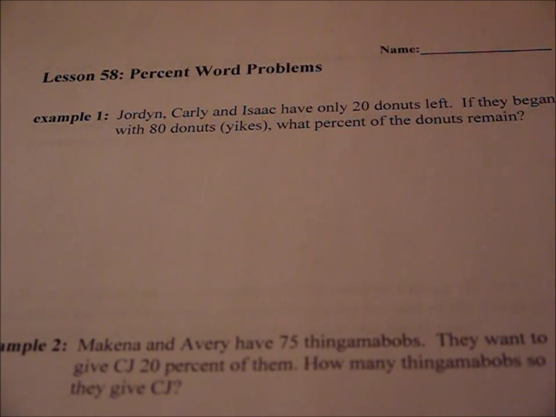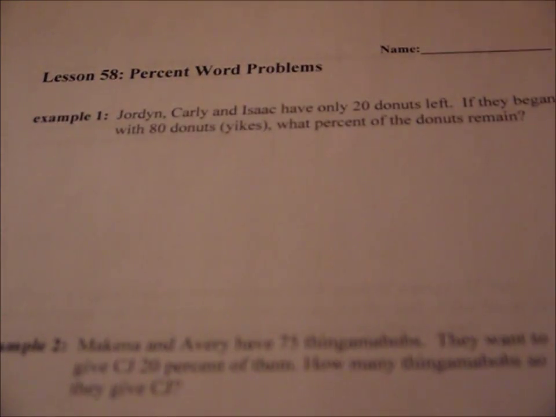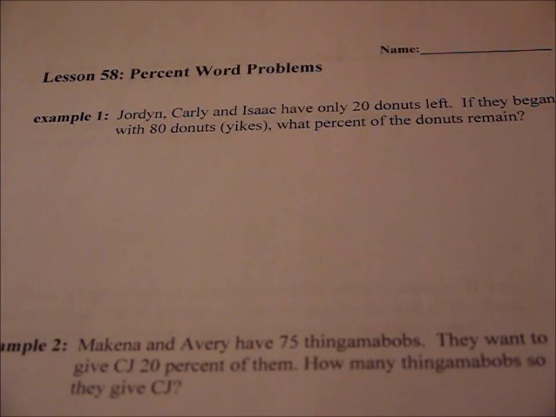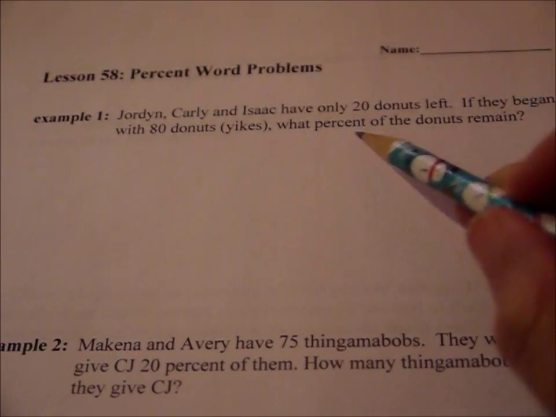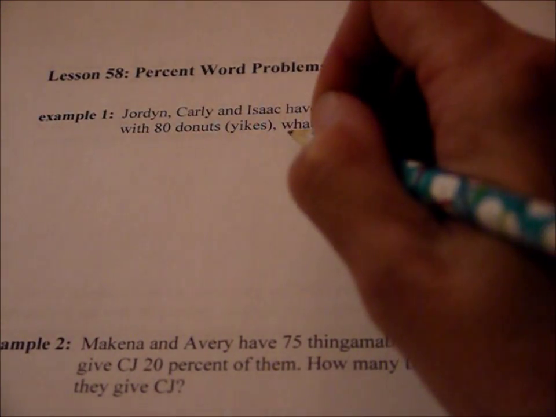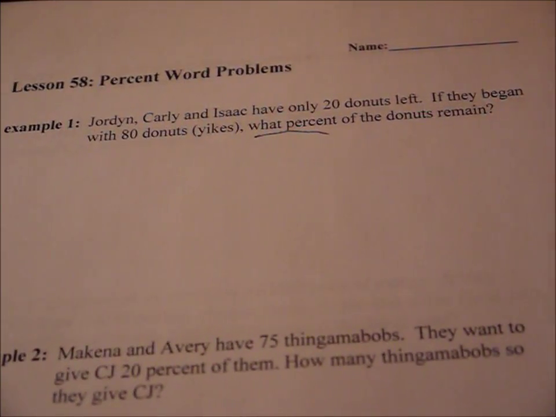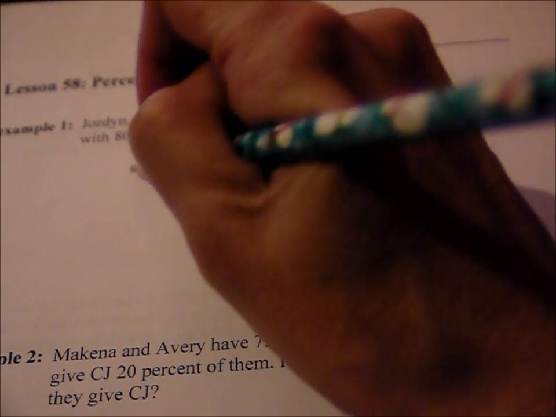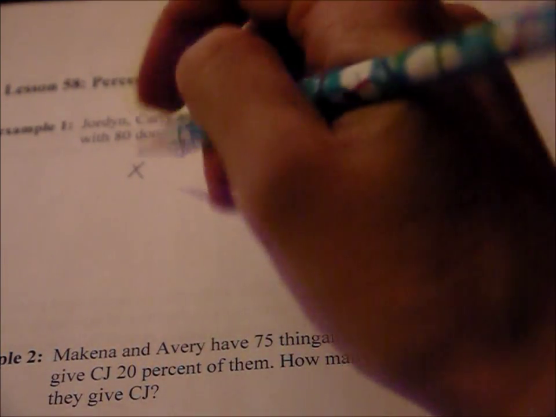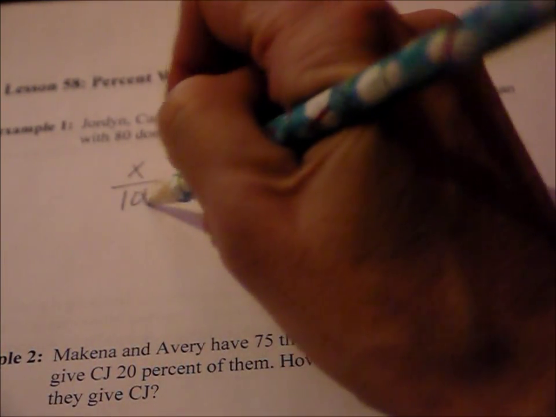Okay, so they have 20 donuts left, and they started with 80. What you got to do is figure out what percent of the donuts remain. So what percent? There's your unknown right there. We're going to call that x over 100.